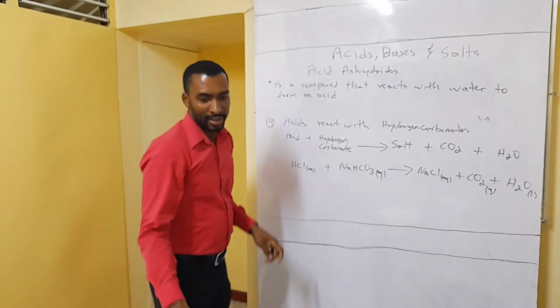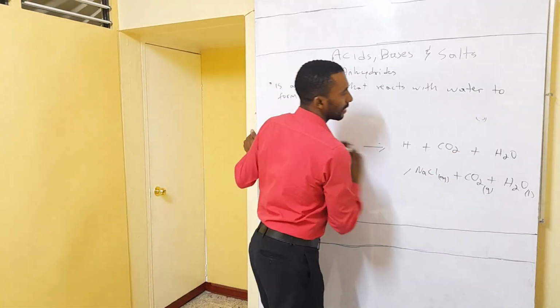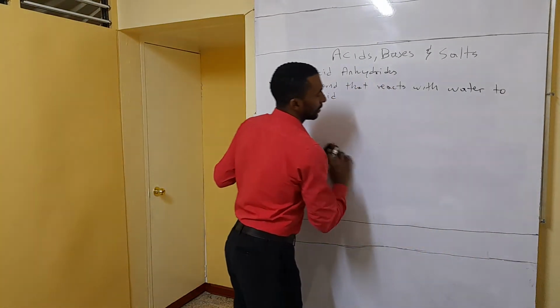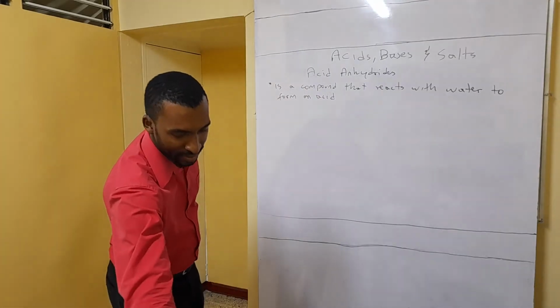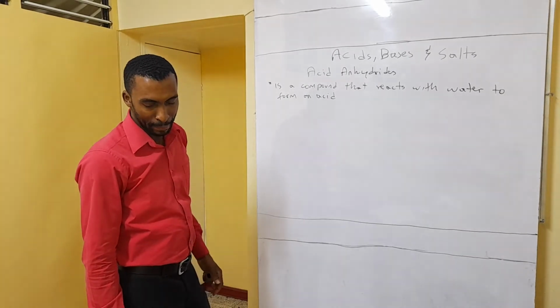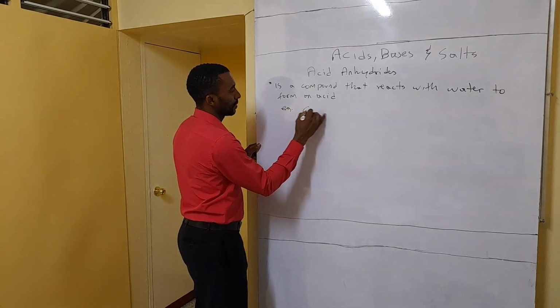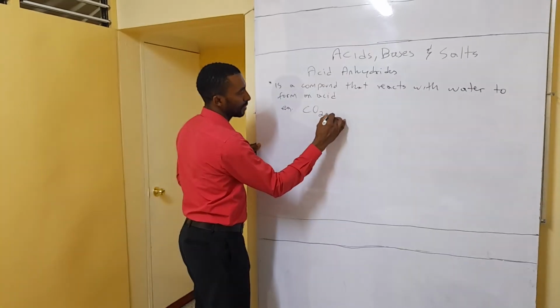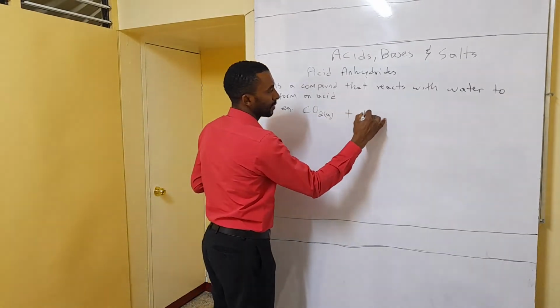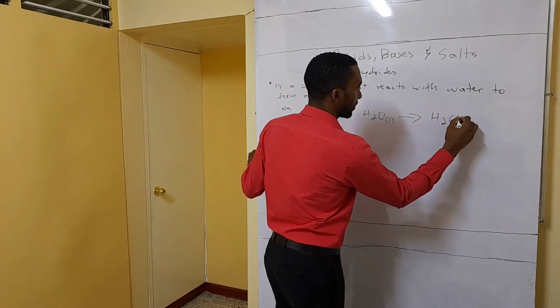So basically all of the non-metal oxides tend to be acid anhydrides, right? Well, some of them are different, but most of them tend to be acid anhydrides. Example, carbon dioxide gas is an acid anhydride, and when you react it with water, liquid, it produces H2CO3.